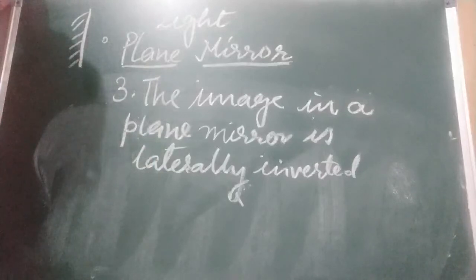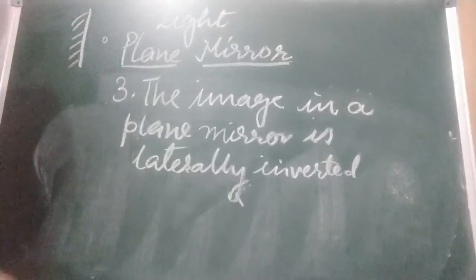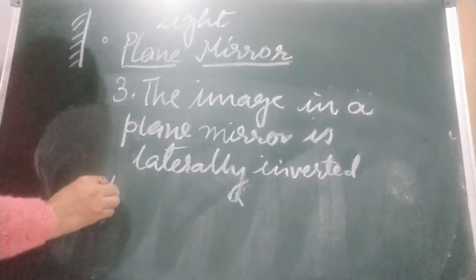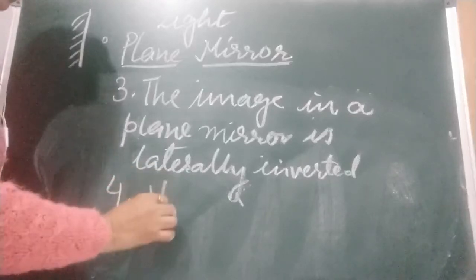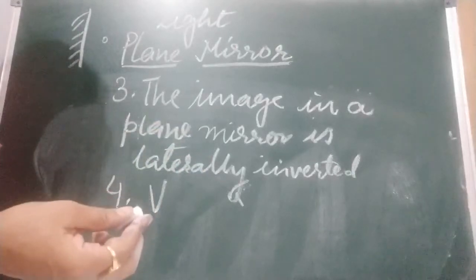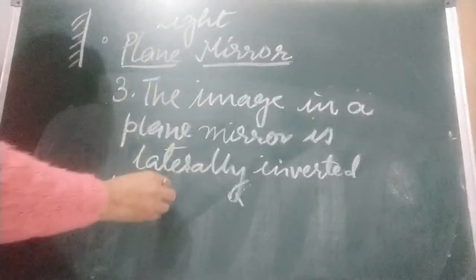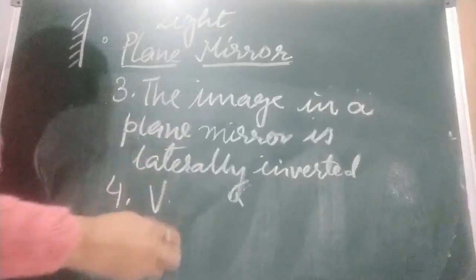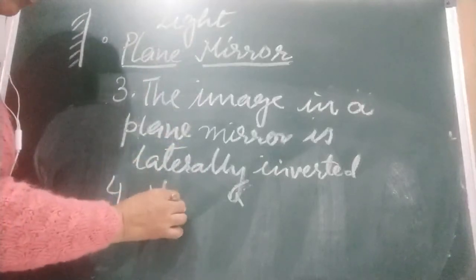Okay. Now the fourth point: I told you that the mirror image you have seen formed is always erect. This is virtual. Erect and virtual because it is formed behind the mirror.